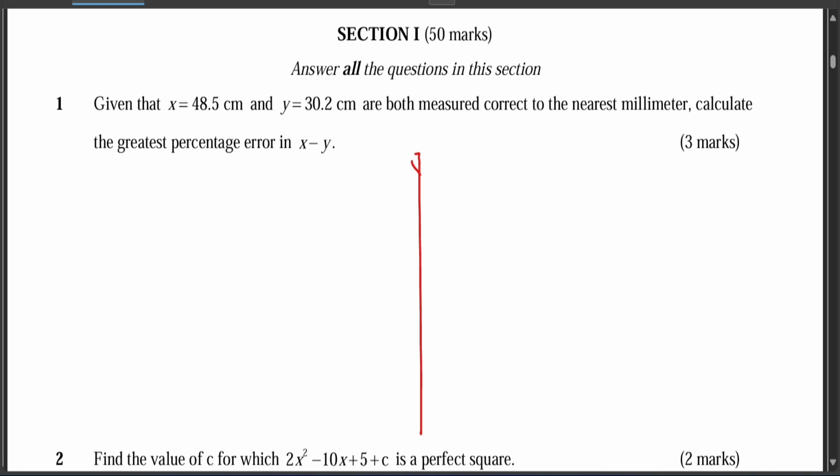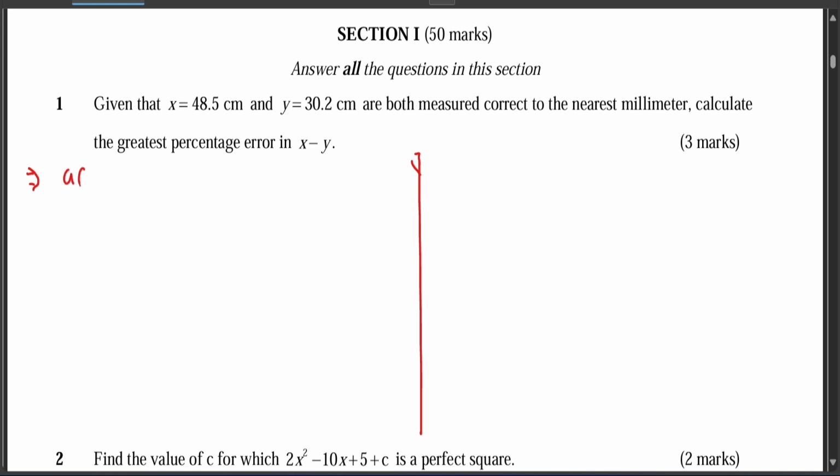start. Now this is about approximation error, which is taught in Form 3. The question is asking you about calculating the greatest percentage error. But for now, let's find out what the error is in each of those numbers, that is x and y.